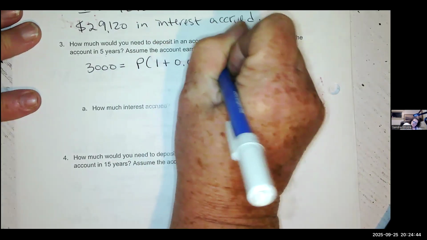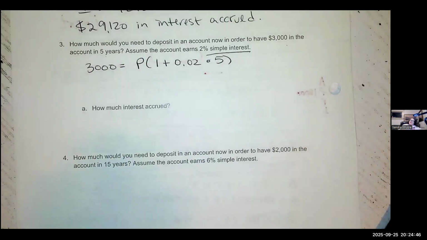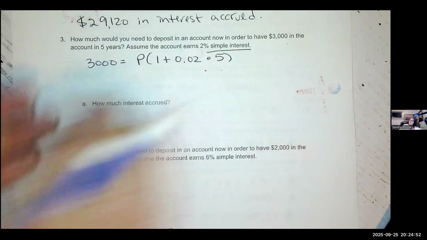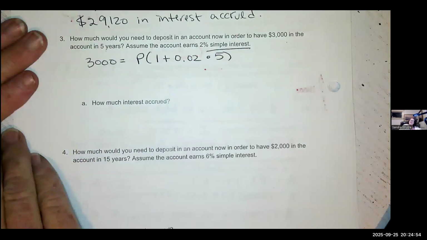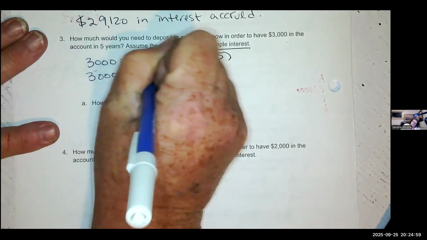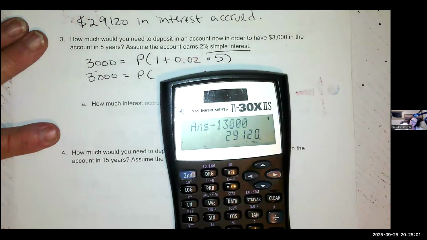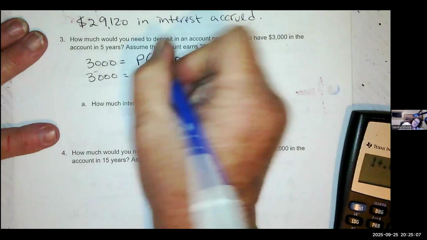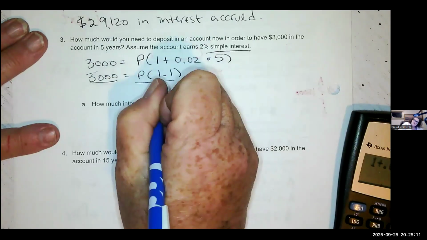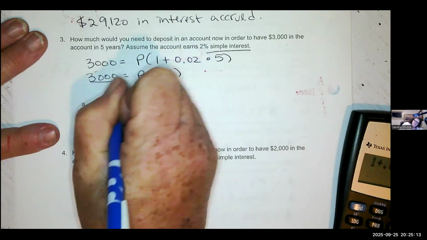times 5 years. Now there's a few different ways you can math this. You could just go 3,000 divided by everything over here, or I'm going to simplify what's in this parenthesis first. So 1 plus 0.02 times 5 is 1.1. Now I just need to solve for P, so I divide both sides of the equal sign by 1.1.